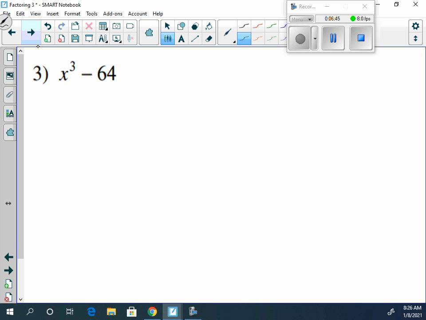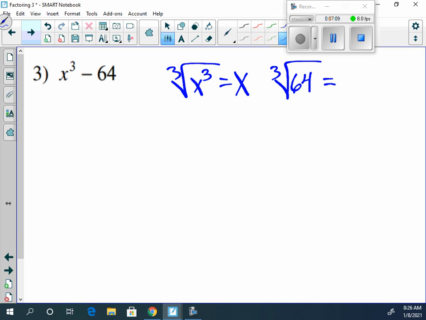So x cubed minus 64. Now in some of these, it might be useful to see if there's a greatest common factor that we could factor out. But here there's not. So can we take the cubed root of x to the third, and can we take the cubed root of 64? Well, the cubed root of x to the third is going to be x.